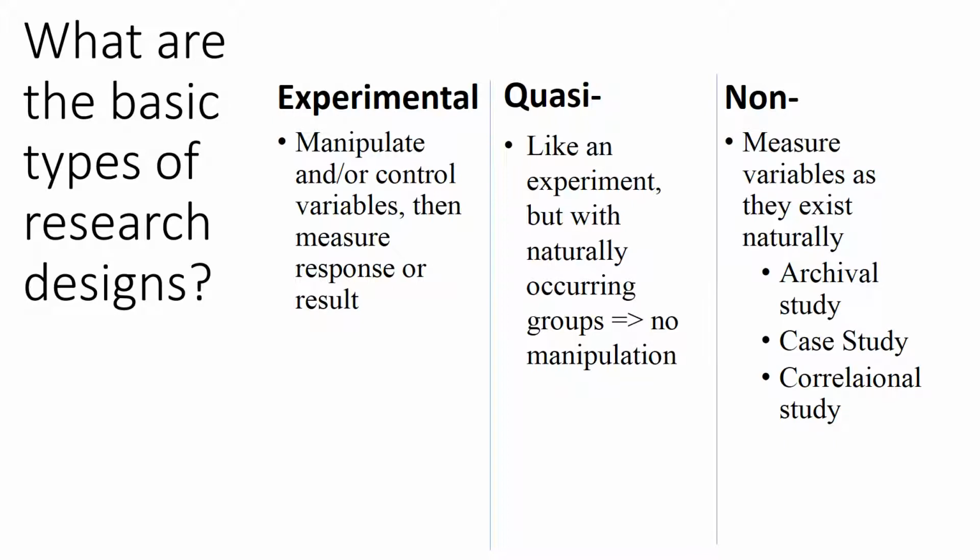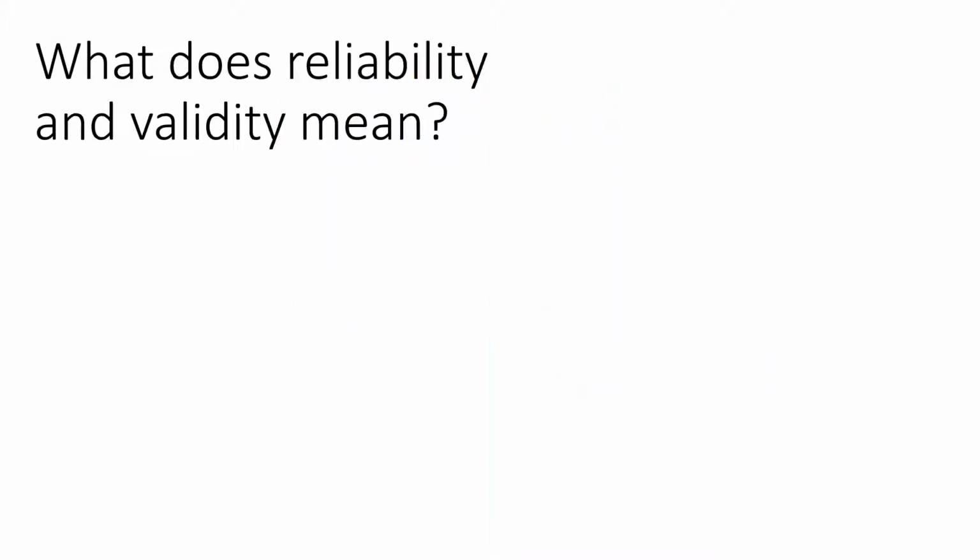As you're reading, you'll want to know what we can understand from each of the 3 basic types of designs: experimental, quasi-experimental, and non-experimental. As we're thinking about those ways of designing a study, we also need to think about reliability and validity. Those ideas apply to multiple parts of the research process, but in our case, we're interested in how they relate to the way we measure variables.